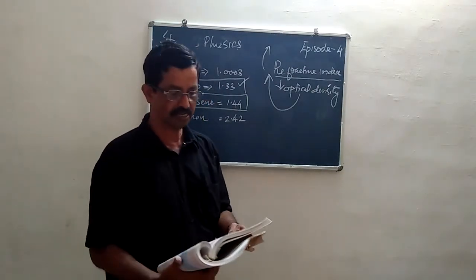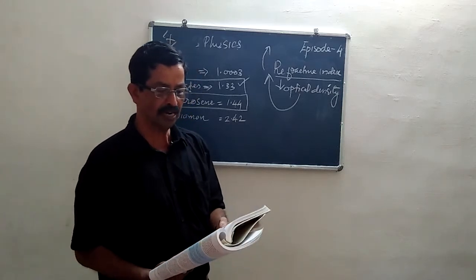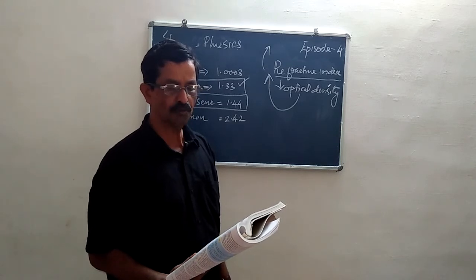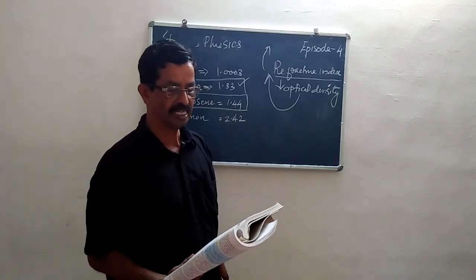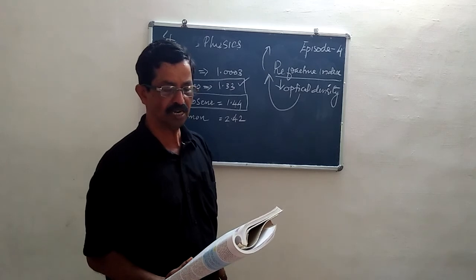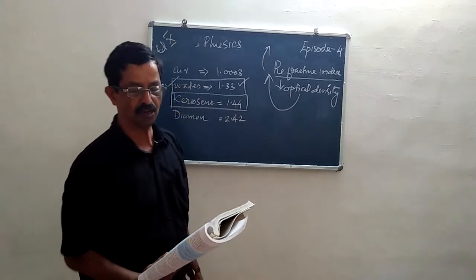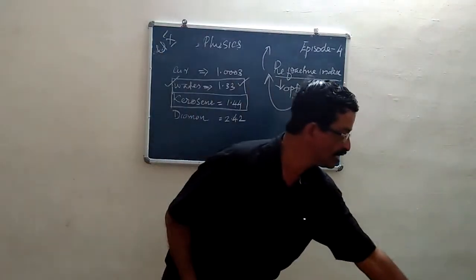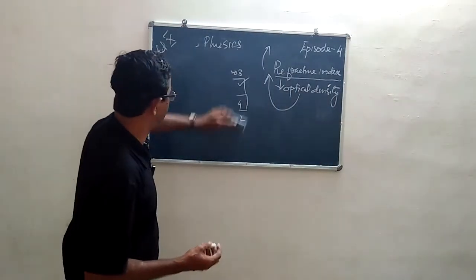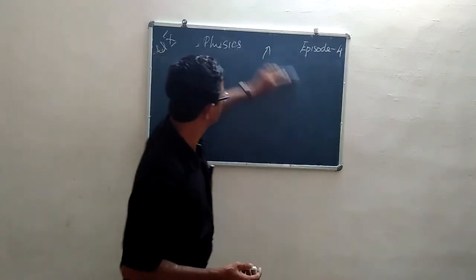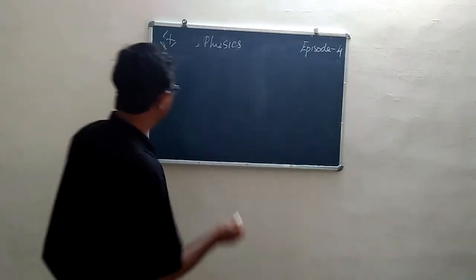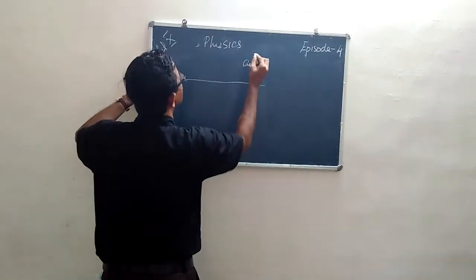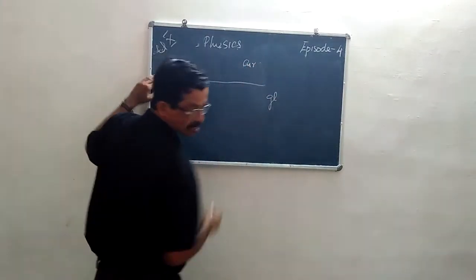See the first one. A ray of light traveling in air enters obliquely into water. Does the light ray bend towards the normal or away from the normal? Why? The first question is a light ray entering from air, the first medium, into water, the second medium.